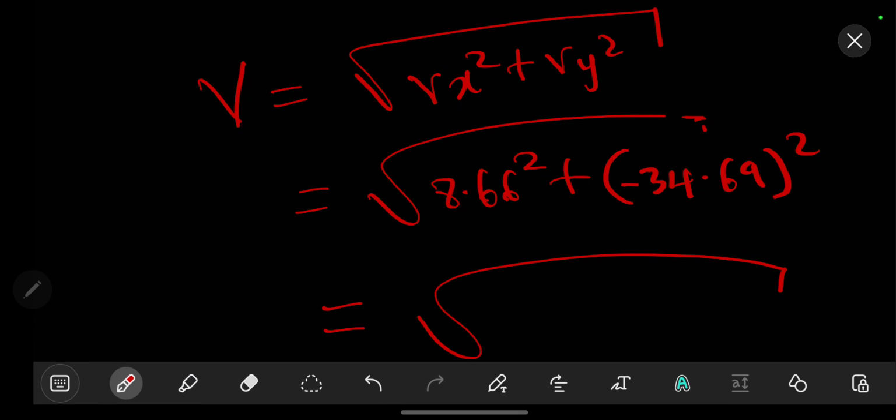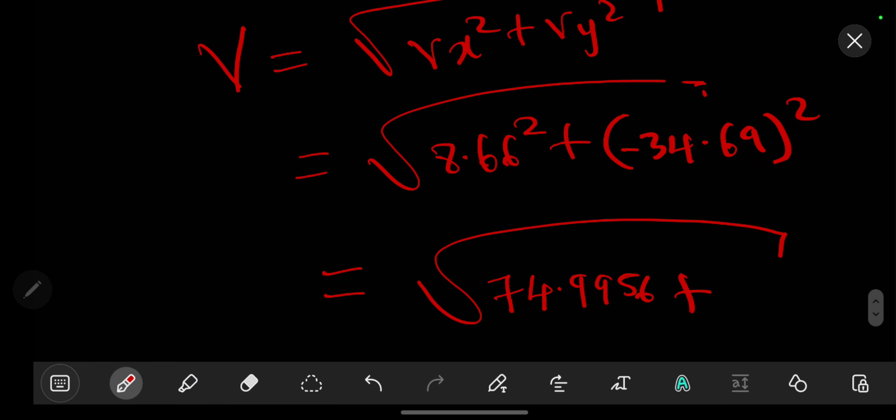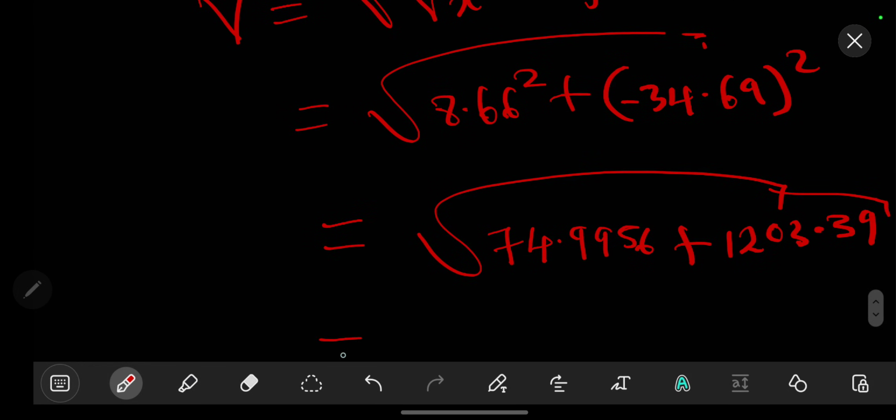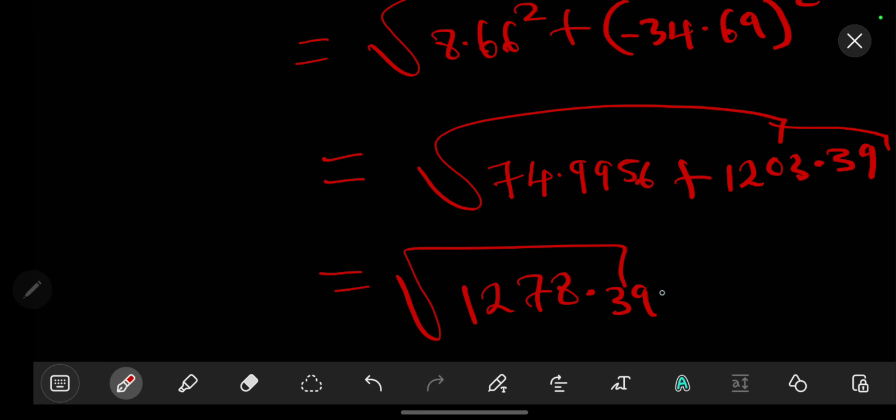We square this value. Then we have the square root of 8.66 squared, which gives us 74.9956. Then we add 34.69 squared, which gives us 1203.39. If we add that to 74.9956, we have 1278.3917.